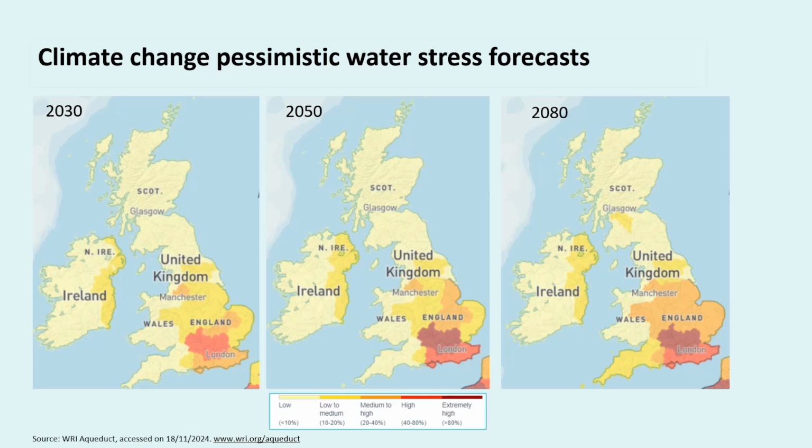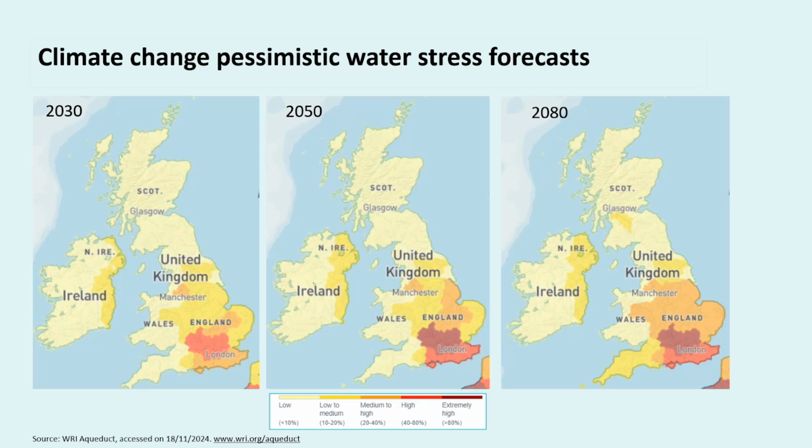Now, I selected the pessimistic scenario because the business as usual and optimistic scenarios didn't capture the existing severity or distribution of water stress and scarcity in the UK, which is not a positive direction of travel, I fear. And even the pessimistic situation for 2030 doesn't really capture the current acute issue in Cambridge.